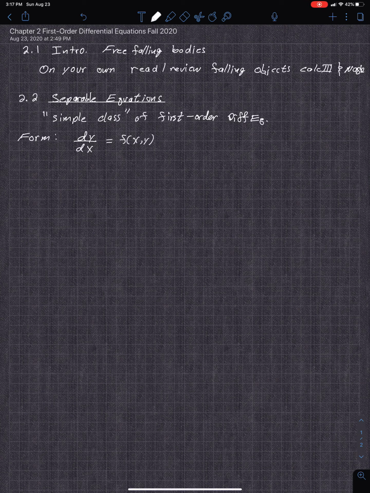So f of x, y, the form is dy/dx, and it must be that it can be algebraically rewritten to this form: h of y dy, so all one variable like that, and then g of x dx.